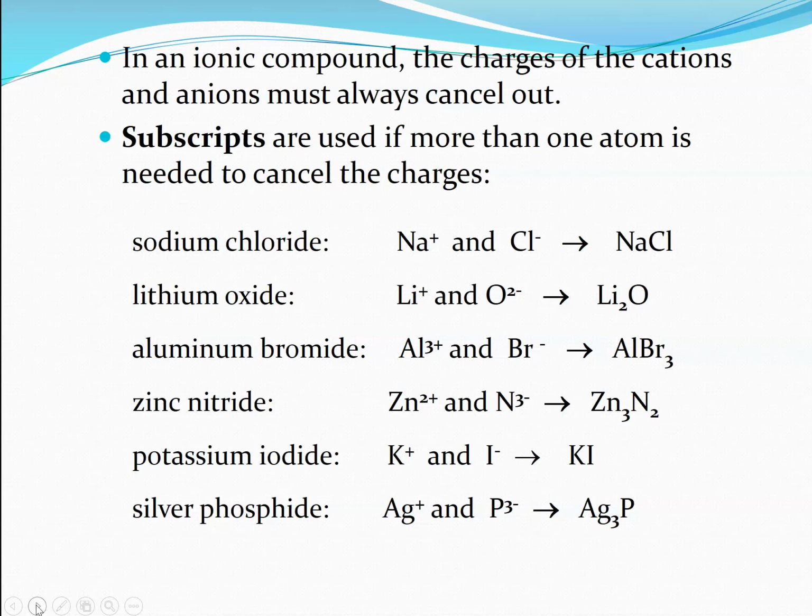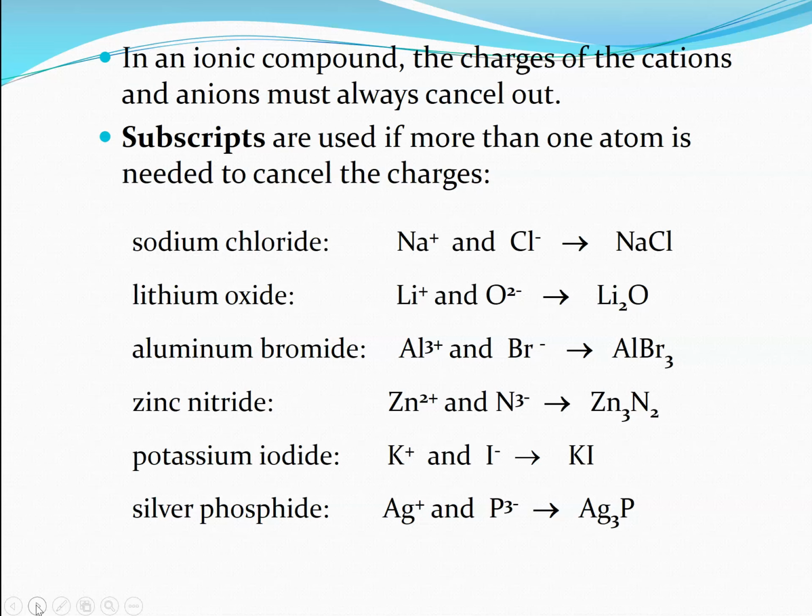Zinc nitride. Zinc has a 2+ oxidation number. Nitrogen has an oxidation number of 3-. They're not the same number, opposite charges. And here goes: the 3 becomes the subscript of zinc, and the 2 from the zinc becomes the subscript of nitrogen. Again, crisscross. Don't worry about the charges.